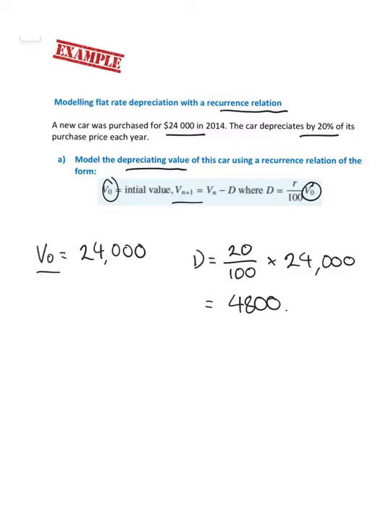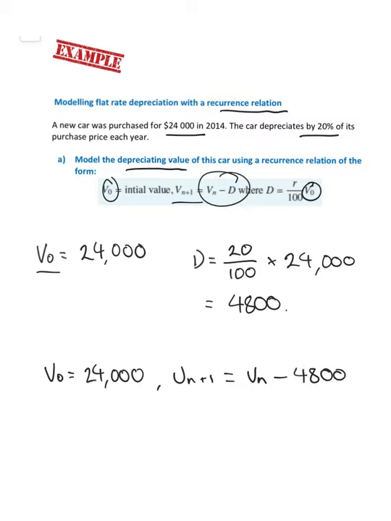So writing it in the form of a recurrence relation, we are left with V0 is equal to 24,000, and then our rule, V(n+1) is equal to Vn, the current term, minus, different to simple interest, 4,800, which was our D. So there's that one there.